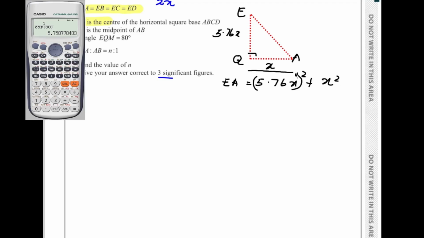This is Pythagoras theorem. Once we square this, 33.177x squared plus x squared.